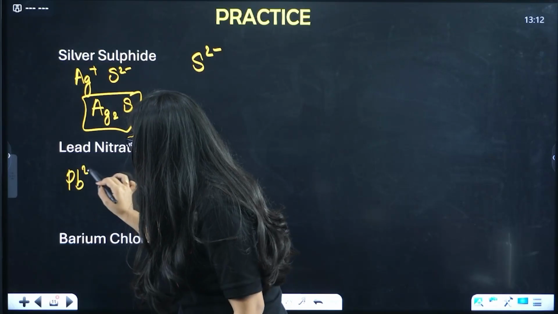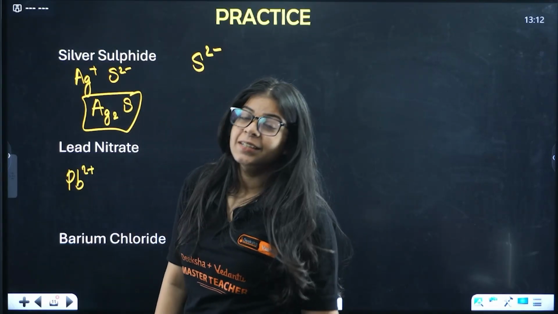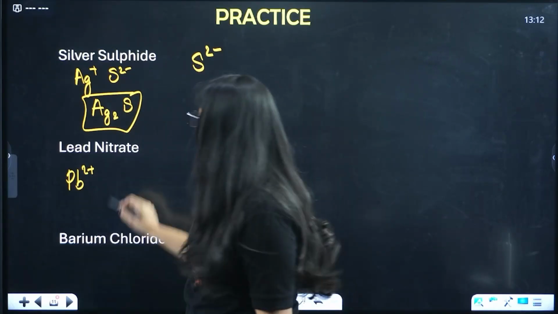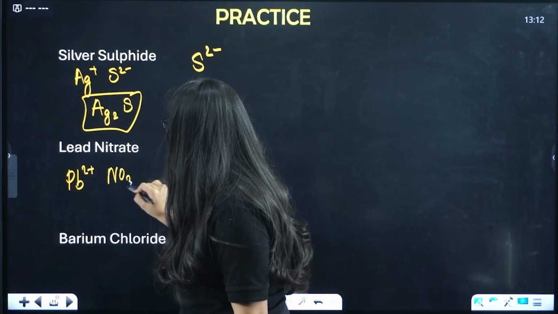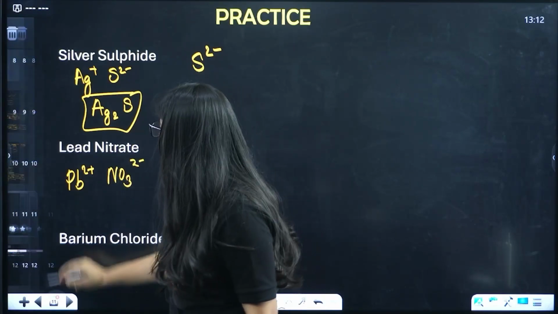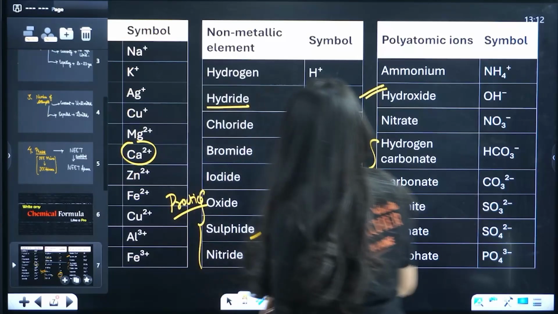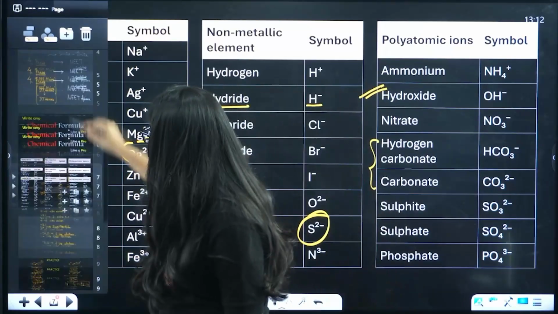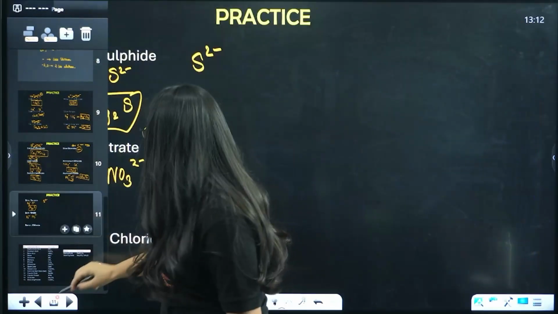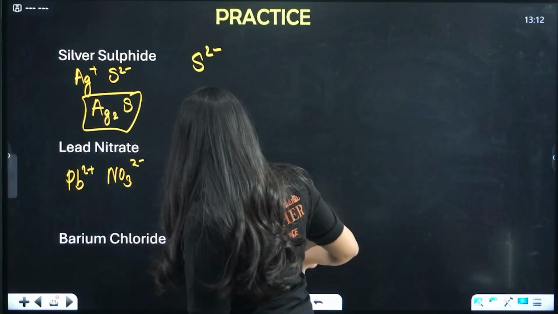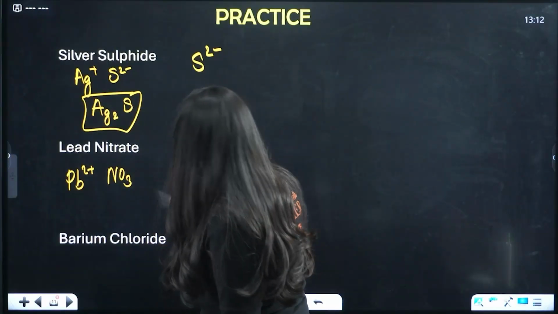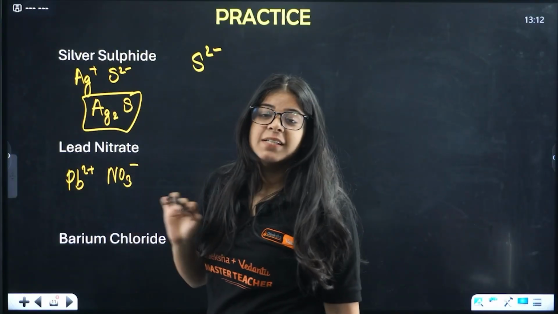Then lead nitrate again. Pb +2 nitrate. Now we have to write it. So that means NO3 2 negative. Was it 2 negative or negative? Sometimes I also forget. NO3 negative it was. Okay, so this is NO3 negative, and you have to practice as well.